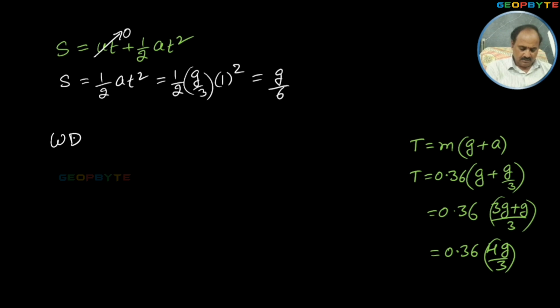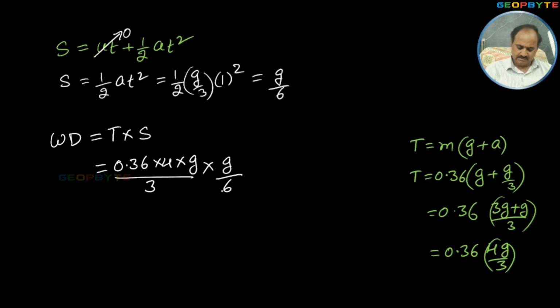Then work done on the smaller block by the string equal to tension multiplied by displacement. Tension is how much? 0.36 into 4 into g by 3 into g by 6. You simplify this value. It is equal to 0.36 into 4 into 10 into 10 divided by 3 into 6.